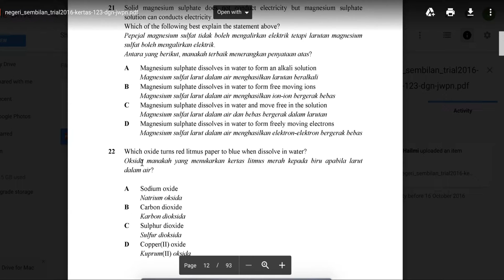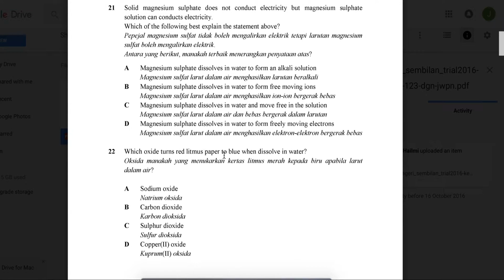Okay, guys, which oxide turns red litmus paper to blue when dissolved in water? This question looks scary, but remember we did the experiment just now, group 1 elements reacting with water. Remember lithium plus H2O? I told you, you don't get lithium oxide, you get lithium hydroxide plus hydrogen gas.